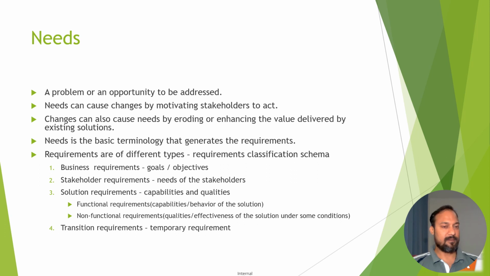So we have business requirements that come directly from the business. It talks about the goals and the objectives based on which we generally set the KPIs, KRAs. So these are the high level objectives or goals. For example, one of the KRAs would be we have to achieve that much revenue.